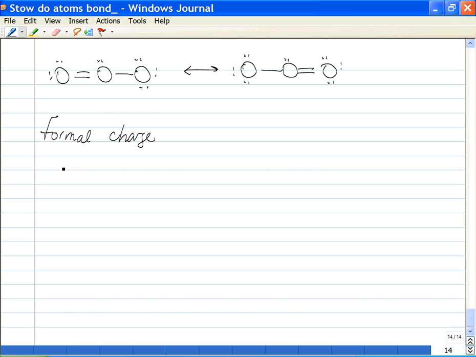So we have an equation for this. At first, we're going to use the equation slowly, but once you start to practice on it, you'll be able to do it in your head. So formal charge and the number of valence electrons in the free atom before it got bound.